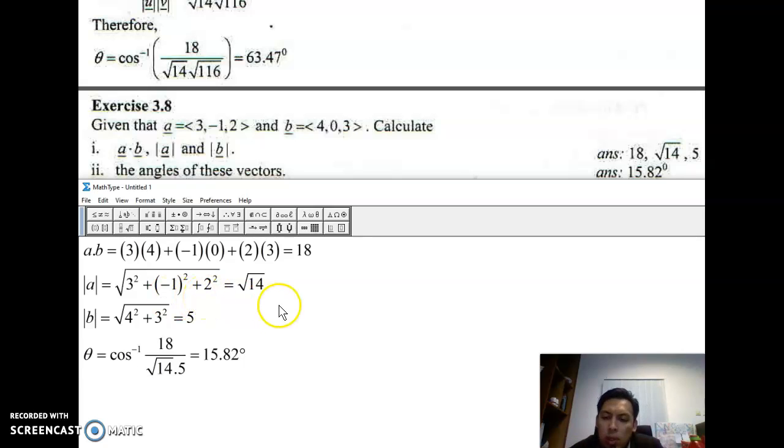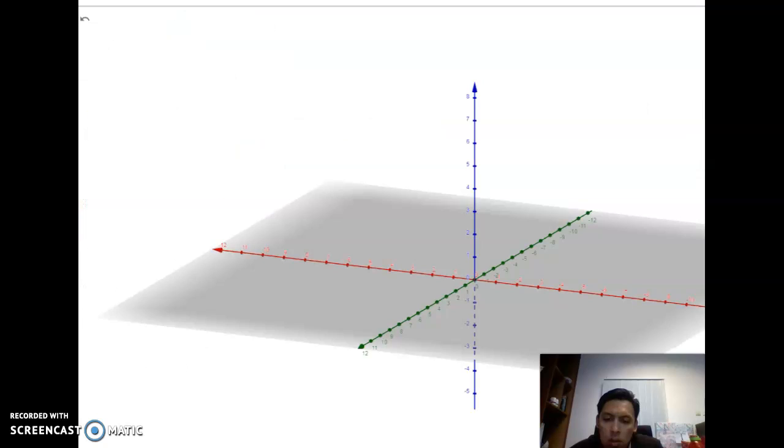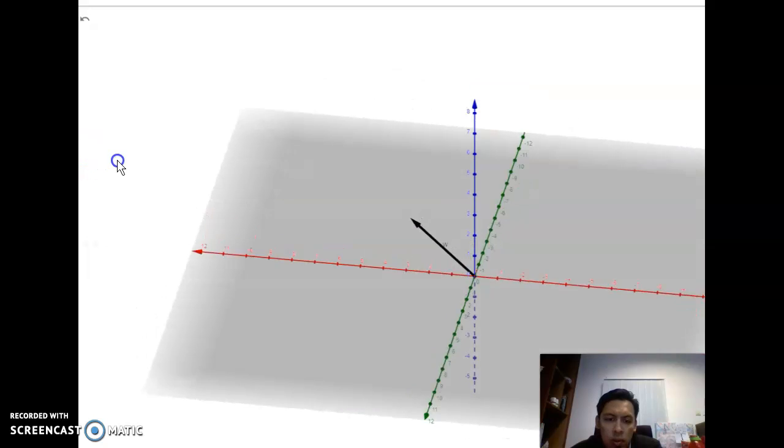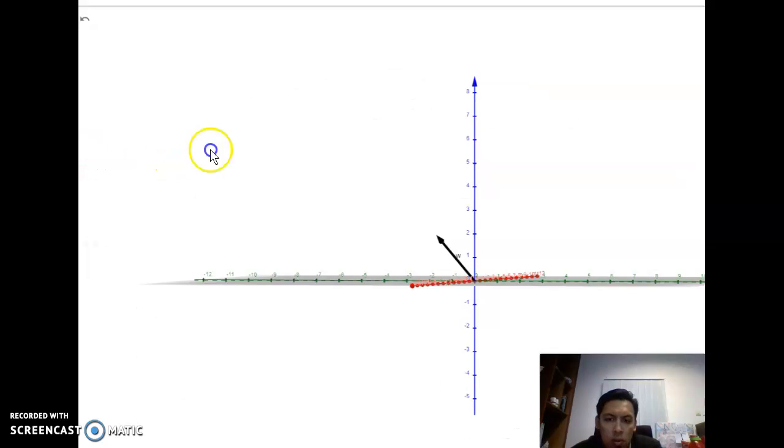Now let's see where this 15.82 actually is. Let's put the two vectors. You have the first vector here and then the second vector.